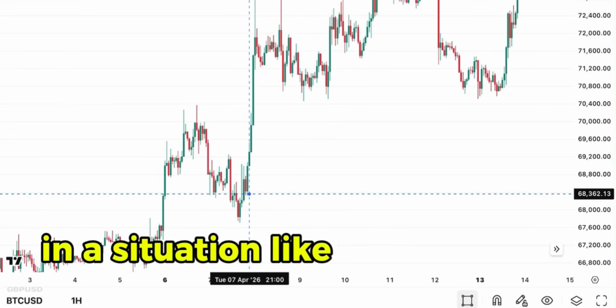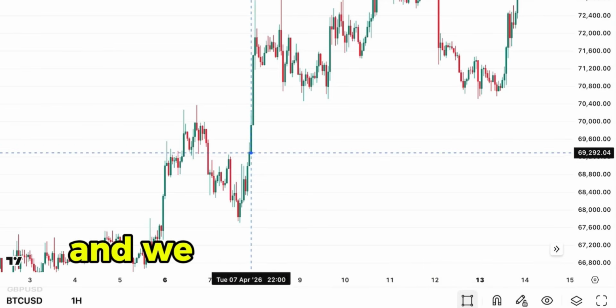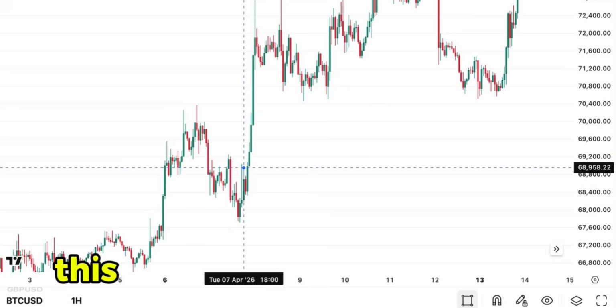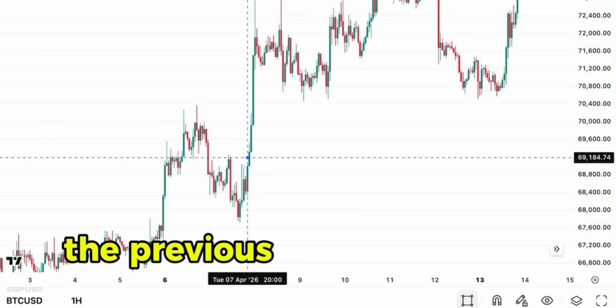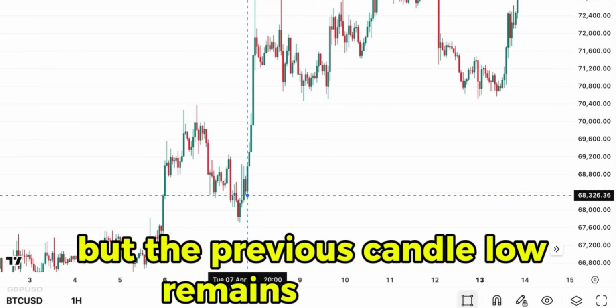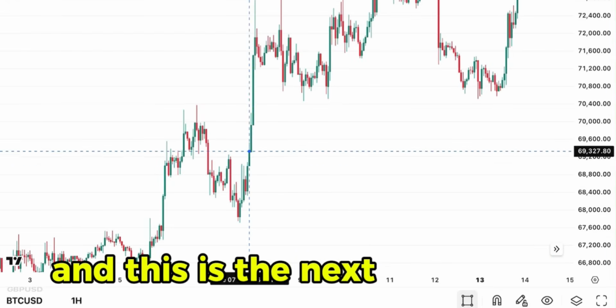In a situation like this, we have a candle, we have the next candle, and we have the next candle again. You can see the pattern that was formed. This is the previous candle high. The previous candle high gets broken, but the previous candle low remains protected. Now, this is the next candle low, and this is the next candle high.